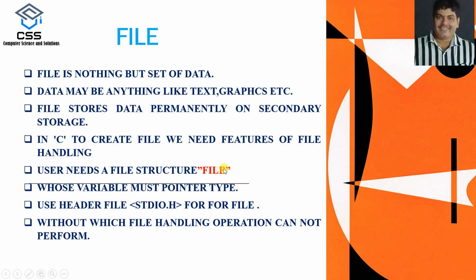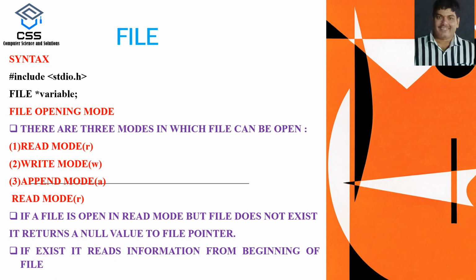If the file structure does not work, your program cannot perform any file operation. Hence, without it the file handling operation cannot be performed. When you declare the file structure, how do you declare it? FILE in capital, not small, followed by a pointer variable, and it is defined in the header file stdio.h. While writing the program, we will describe this more.